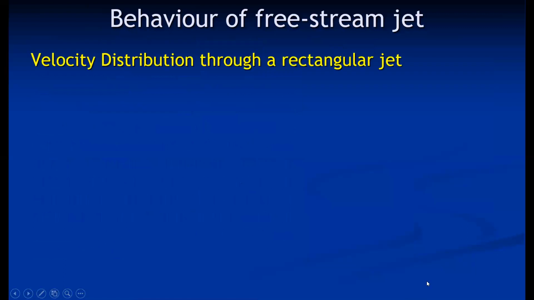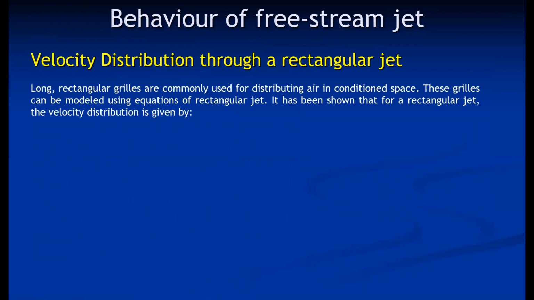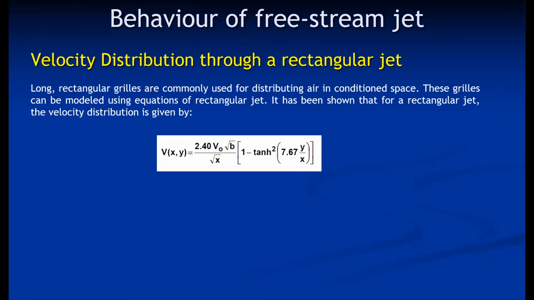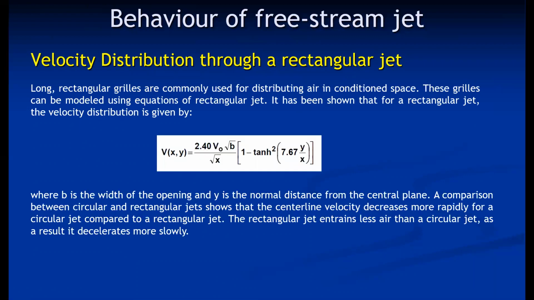Another commonly used jet is the rectangular jet. Rectangular jets are long grills generally used for distributing air in conditioned space. These grills can be modeled using the equations of the rectangular jet. For the rectangular jet, the velocity distribution is given by this expression, where b is the width of the opening and y is the normal distance from the central plane.